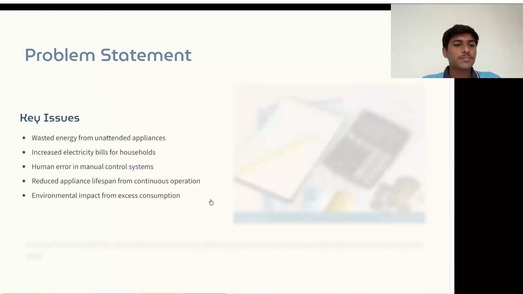Problem statements. Key issues: wastage of energy from unattended appliances, increased electricity bills for households, human error in manual control systems, reduced appliance lifespan from continuous operation, and environmental impact from excess consumption. These are our key issues for this problem statement.